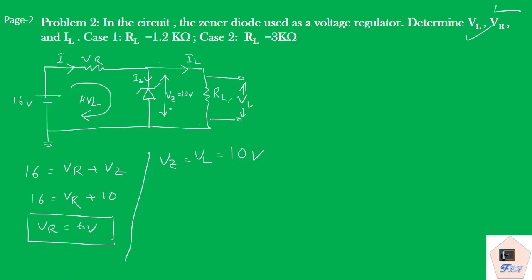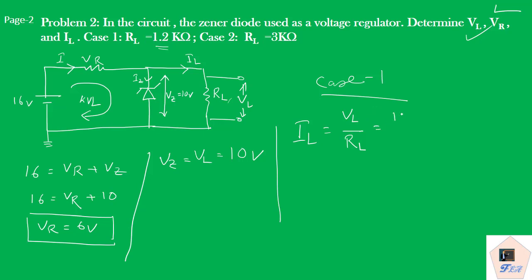Now we have to find IL and we are given that the RL is 1.2 kilo ohm, case 1. So let us take the case 1. In case 1 RL is given 1.2 kilo ohms. So IL is what? IL is the current through the resistor RL and the drop across the resistor is VL. So IL equal to VL divided by RL.